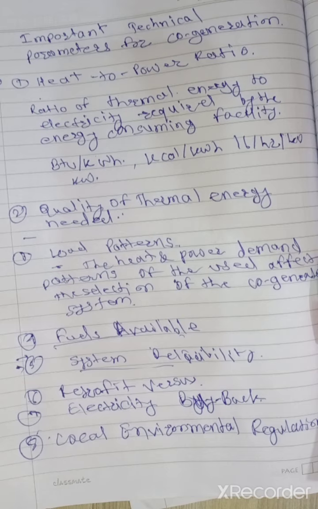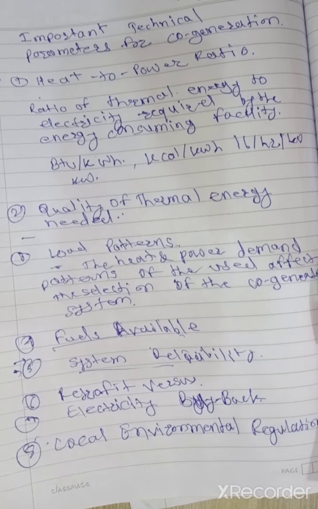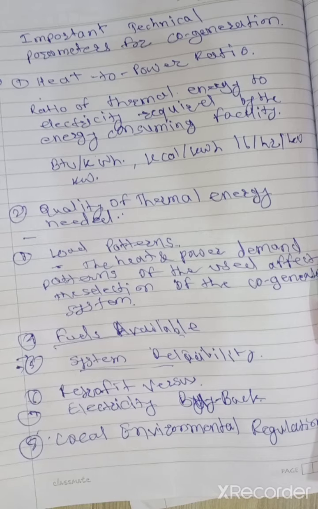The conventional method of power generation and supply to the customer is wasteful in the sense that only about a third of the primary energy fed into the power plant is actually made available to the user in the form of electricity. In a conventional power plant, efficiency is only 35%, and the remaining 65% energy gets lost. So we have to utilize this 65% energy for good efficiency of the plant.